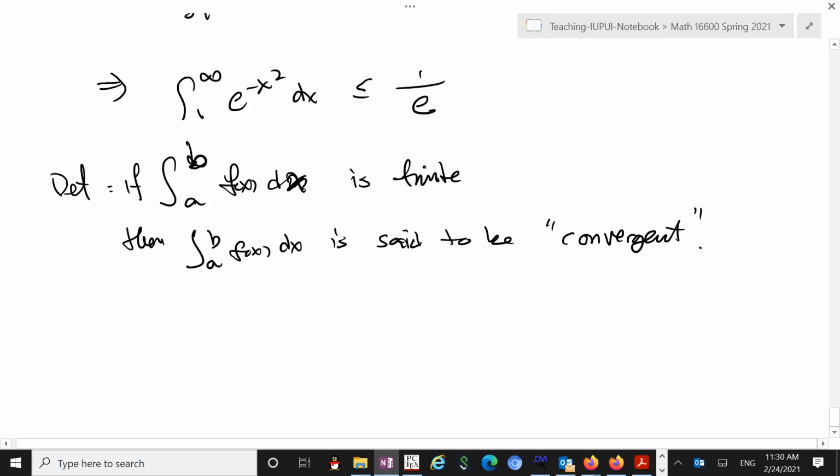So after the study of the proper case, let's summarize the theorem.